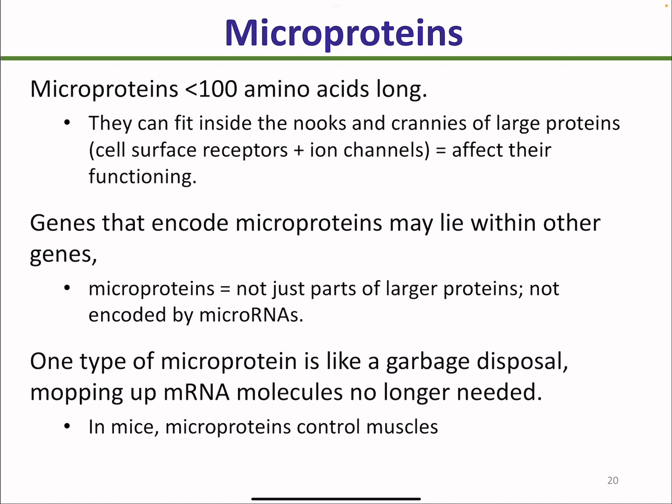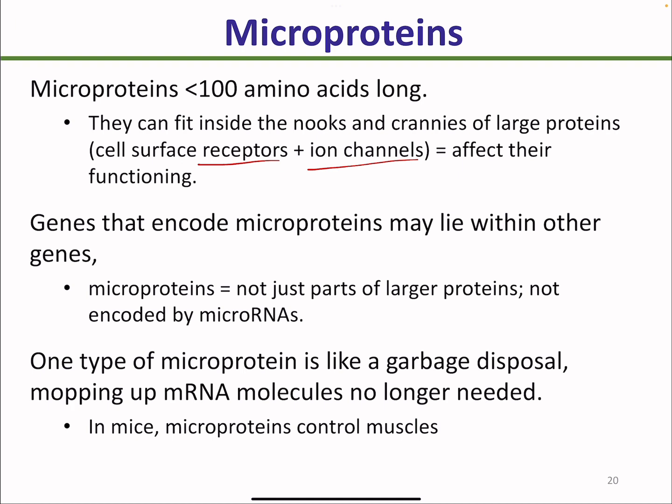Microproteins are very small proteins. These small proteins have less than 100 amino acids. They can actually fit in other proteins, so they can bind to a cell surface protein such as a receptor protein or an ion channel.